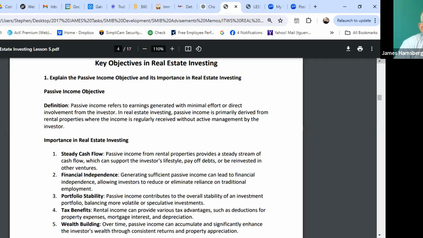If you understood that passive income is very restrictive or contraction oriented, it's very limited. You can only offset passive income with passive losses. You can't offset passive income with ordinary losses. You can only offset ordinary income with ordinary losses. So the character of your income is critically important.